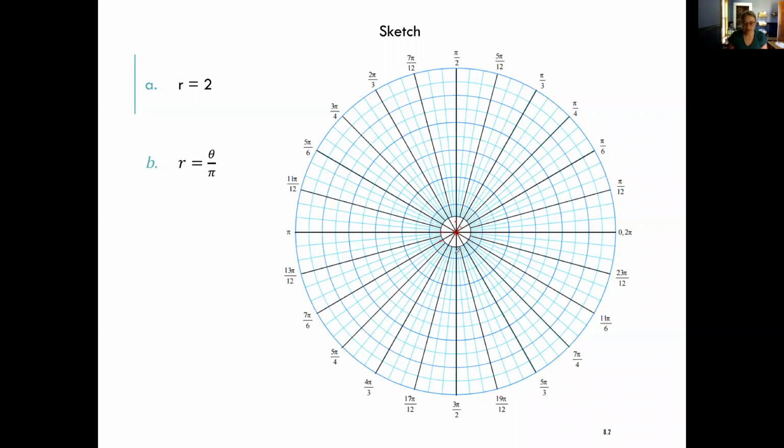At 3 pi over 2, radius is 1 1/2. At 2 pi, radius is 2. You can see what we're getting here. We are going to get a spiral. It's going to look like this. I can't draw it very well. Let's see how Desmos does.